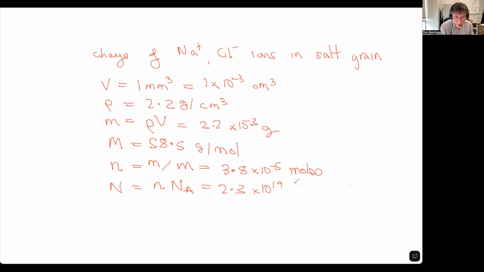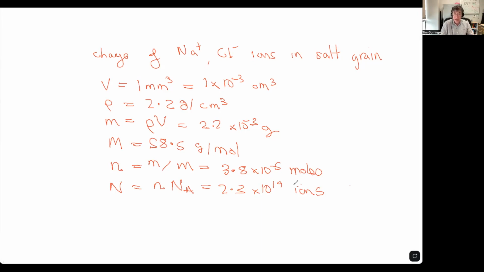So that's a lot of molecules, or in our case, we're interested in the ions, a lot of ions. Now we know how many ions we got. How much charge is owned by those positive sodium ions? How much charge is owned by those negative chlorine ions?